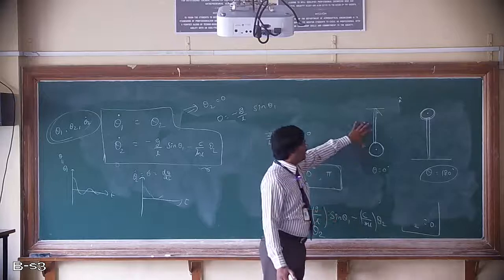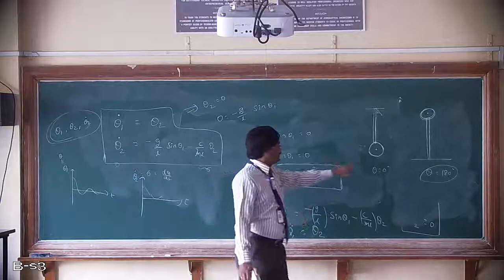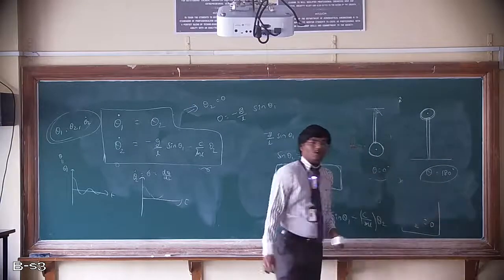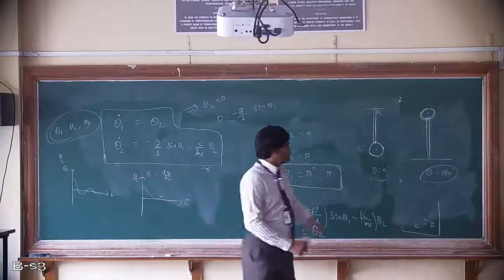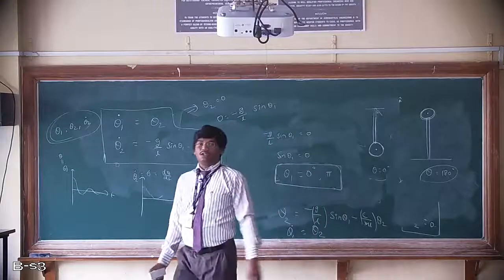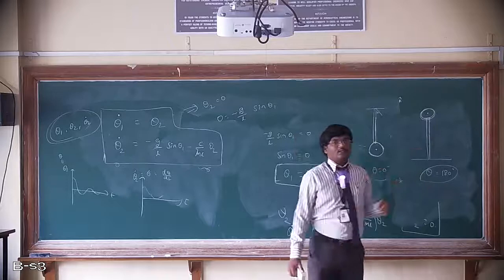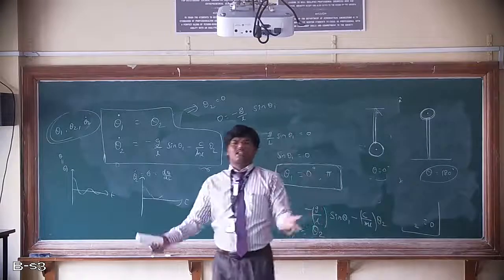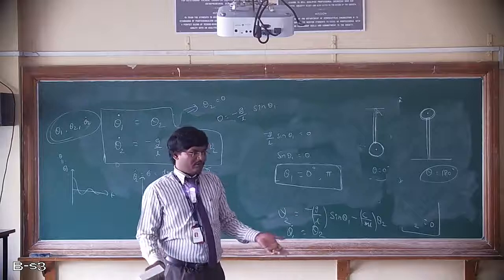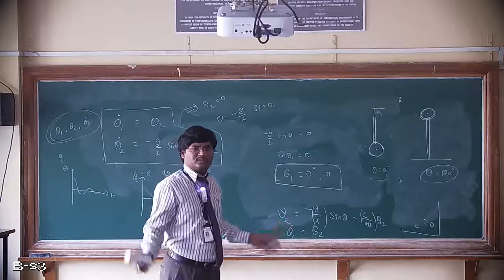So for this simple pendulum system, we have two equilibrium points: at theta is equal to 0 degrees and theta is equal to 180 degrees. At 0 degrees, the equilibrium point is stable. At 180 degrees, it is unstable. If I say the simple pendulum is a stable system, that is a meaningless question, right?